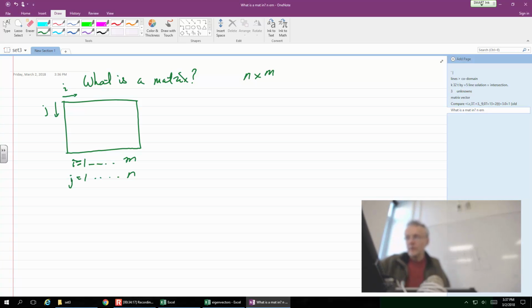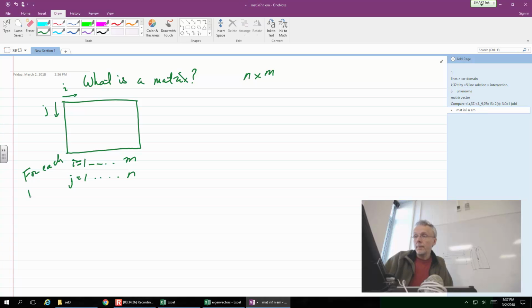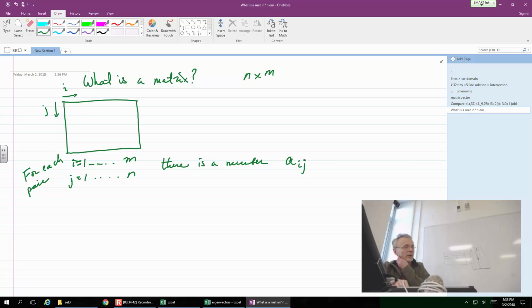So in that sense, it is a function of two variables. For each pair I and J between m and n, there is a number, and we put it with two subscripts, a sub I J. So once again, the notation is the same as notation for sequences.